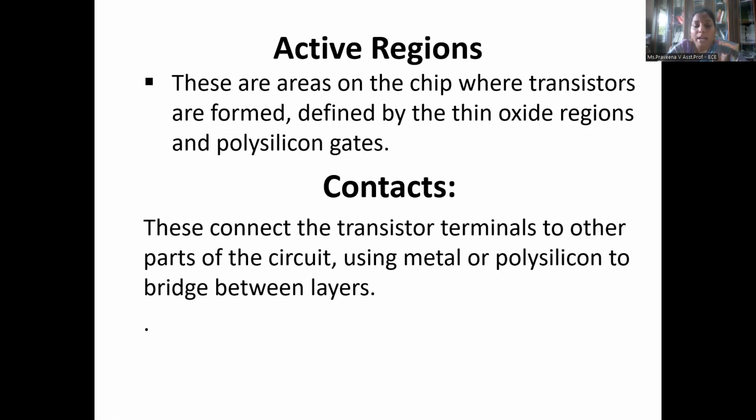Then active regions are the areas on a chip where the MOS transistors are formed, defined by thin oxide regions and polysilicon gates. A contact is an electrical connection between transistor terminals and other circuit layers using metal or polysilicon interconnects.